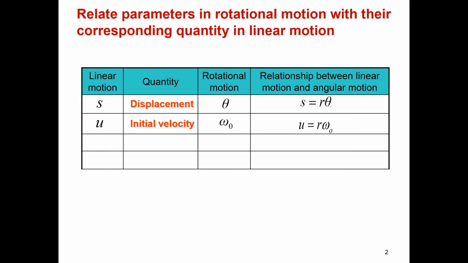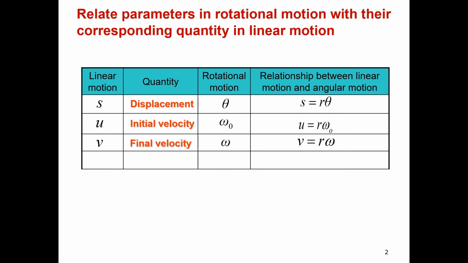For the final velocity, the symbol in linear motion is v, and its symbol in rotational motion is omega. And the relationship between linear motion and angular motion for final velocity is v equal r omega.